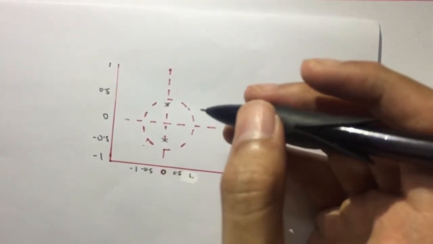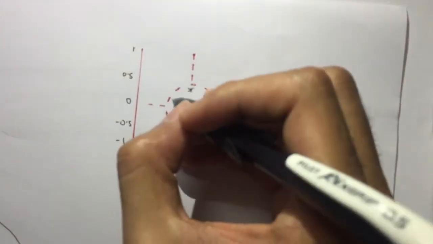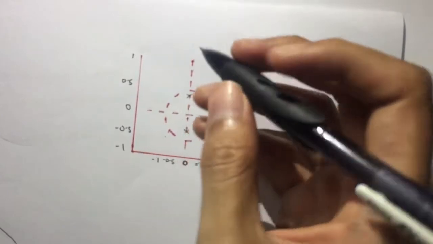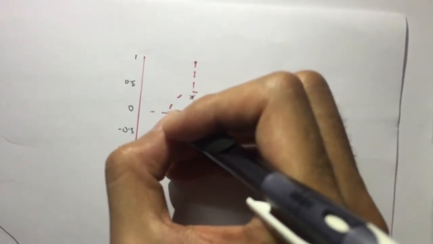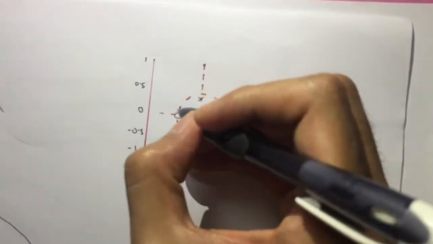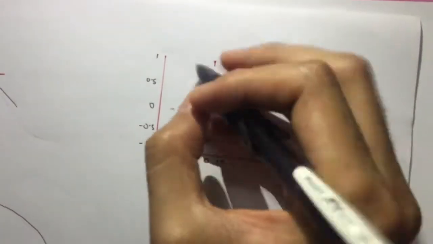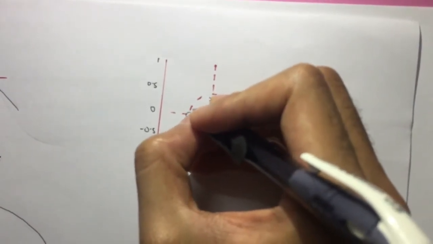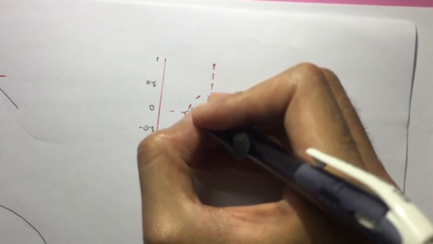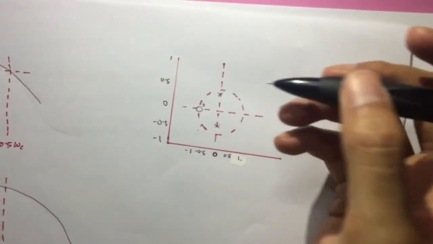As for the zeros, we obtain it at -1 right here. The other one is also -1, so in the plot here we have 2 zeros, so I just write there 2, so you can see that. So that's all. Thank you.